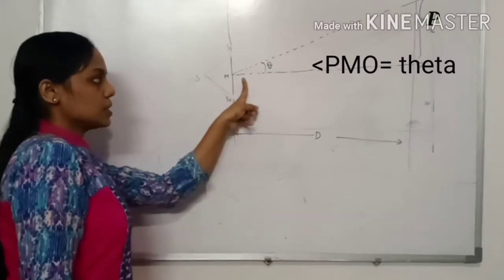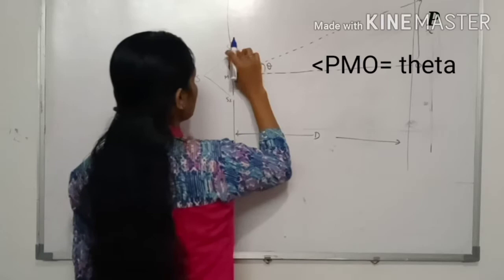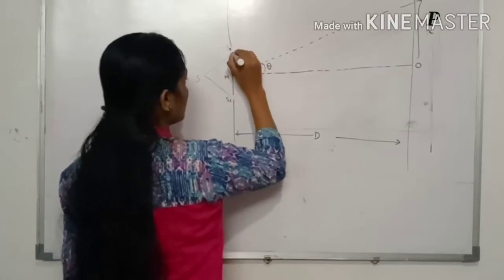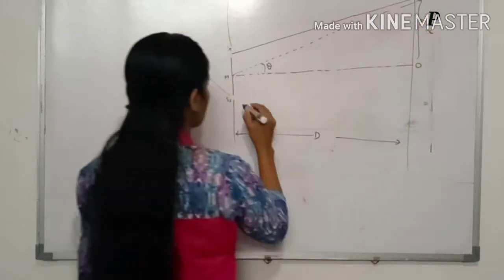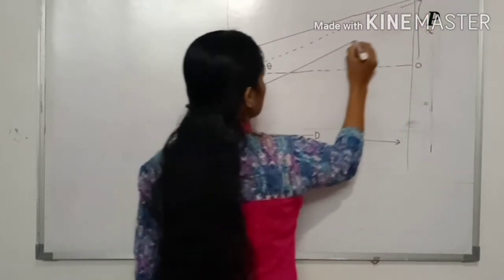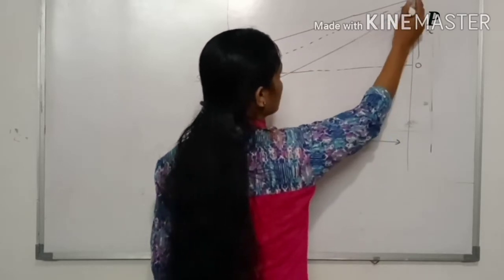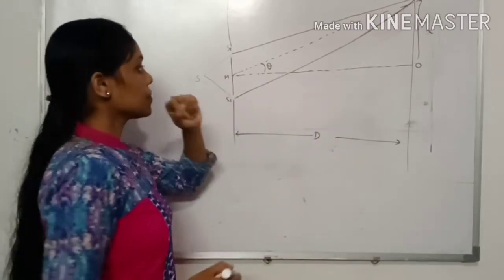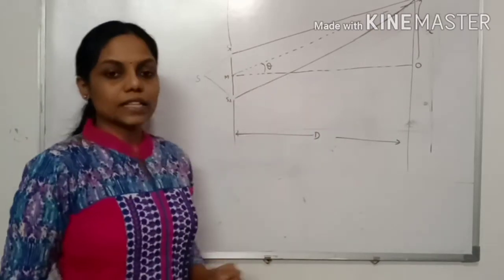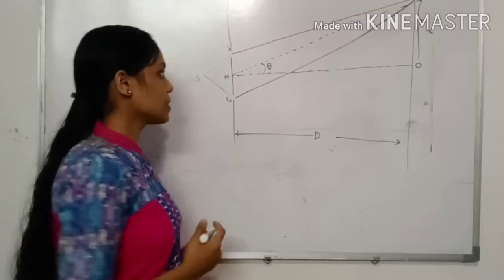This is S1, this is the wave from S1 to P, and S2 to P. So we have to find the path difference between S1P and S2P.